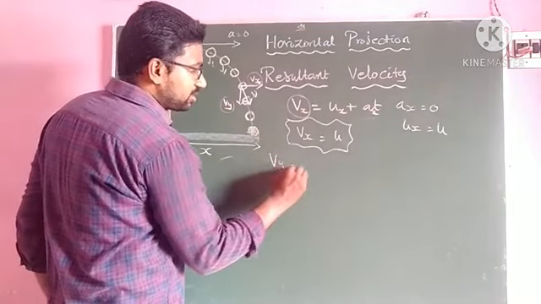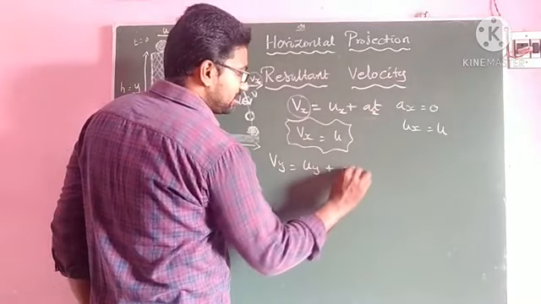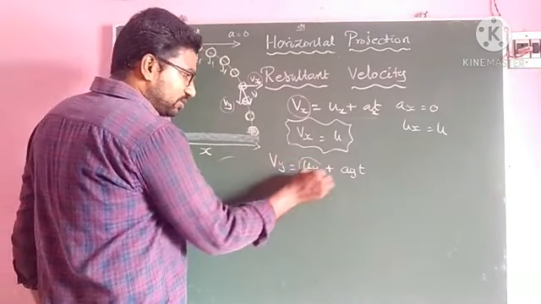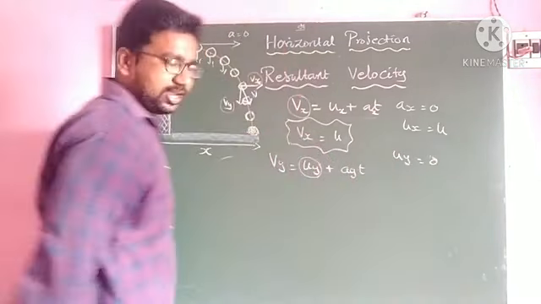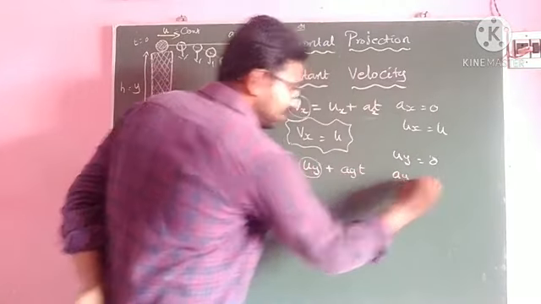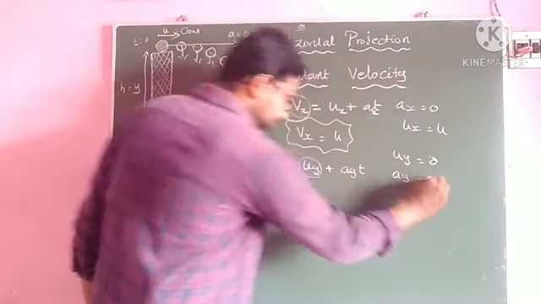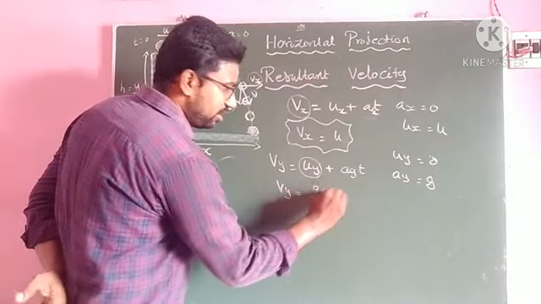Vy is equal to uy plus ay t. Here the initial vertical velocity uy is equal to 0. And what is the value of ay? The acceleration in the vertical direction is due to gravitation alone, so g. Here Vy is equal to gt.